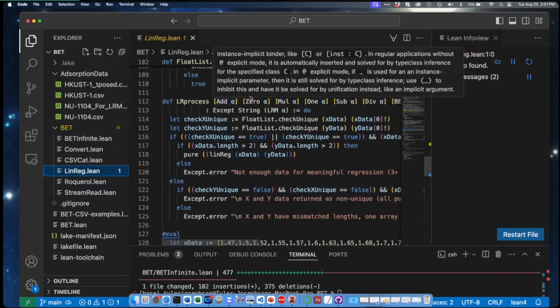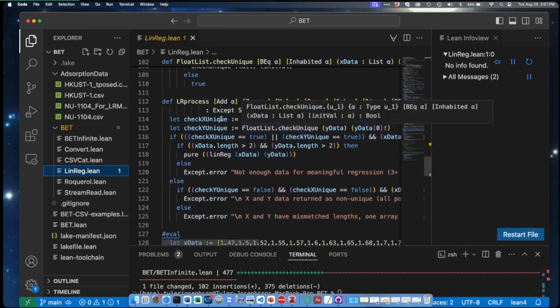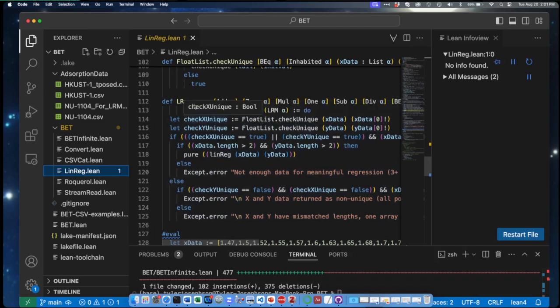You can see all of these binders. This one is also written with do notation, so it has an imperative style. And we do things like check X unique, check Y unique.